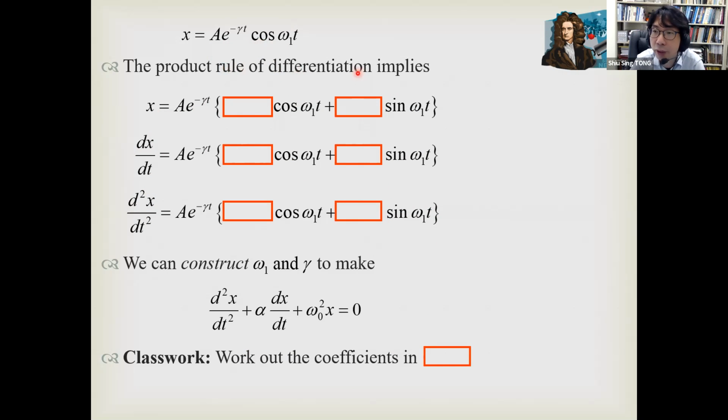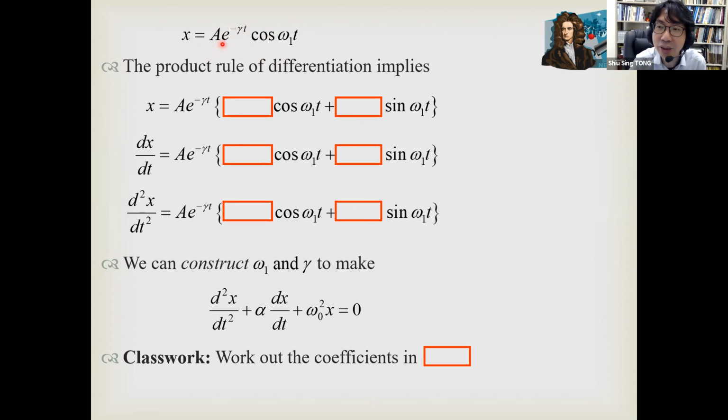The product rule of differentiation implies that the first derivative and the second derivative go like this. Now, why do we expect this? It's easy to see. When you differentiate x with the product rule, you either apply the differentiation on the exponential or on the cosine or the sine term, right? When you apply it on the exponential, it just gives you back the exponential.